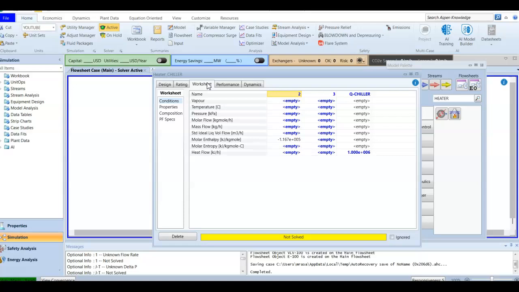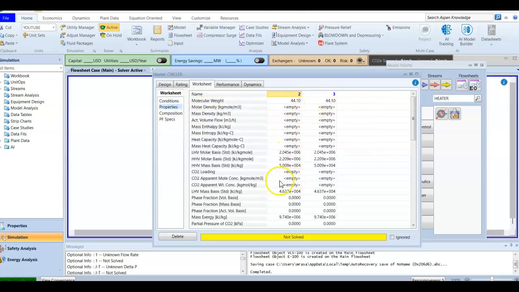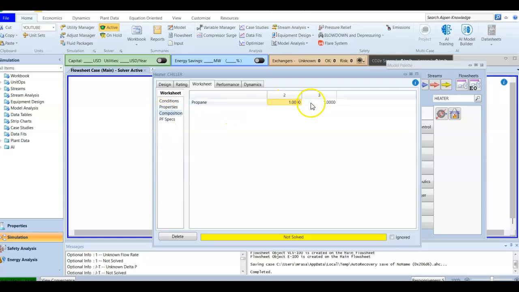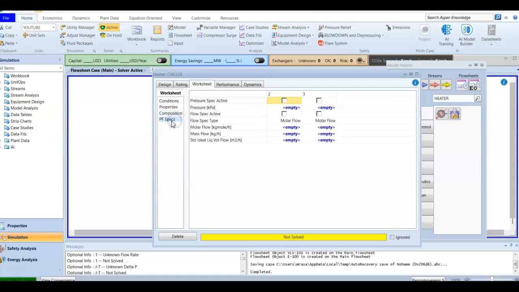For the worksheet, it's usually what we look at when we are entering our data. So we don't have information about stream number 2 or stream number 3, like temperature and pressure. It is not defined yet over here. And if we look at the properties, some of them are calculated. The composition, both of them is 100% propane, and the PF will be left to the dynamic.